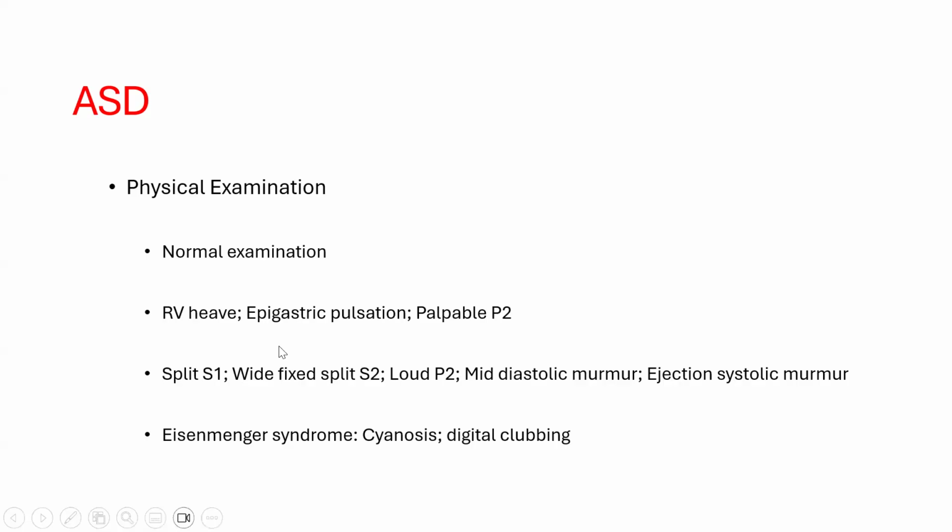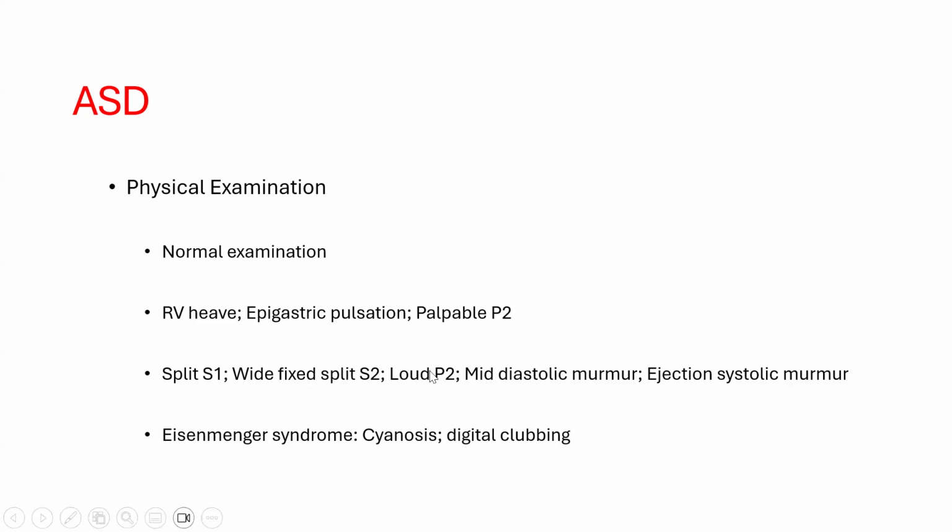And then when you auscultate, you may hear a split of the S1 because of the delayed closure of the tricuspid valve when a lot of blood is rushing across it, or a wide fixed split of the S2, which we know is a fixed exaggeration of the physiologic changes in the second heart sound in inspiration and expiration.